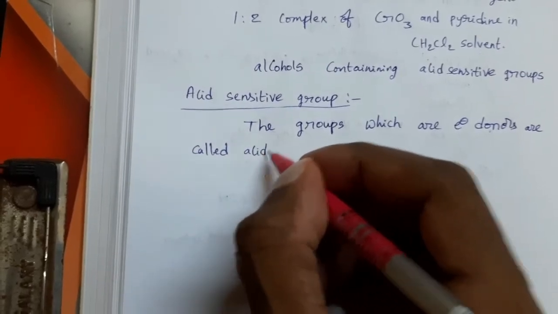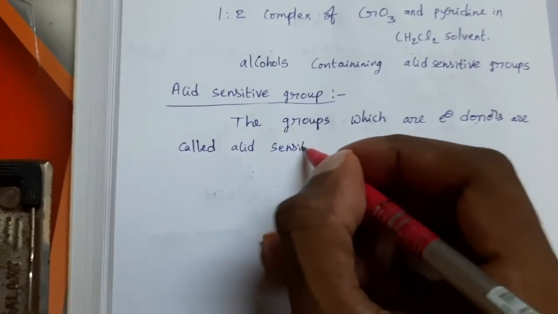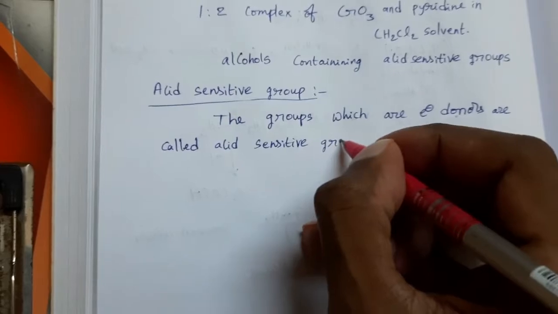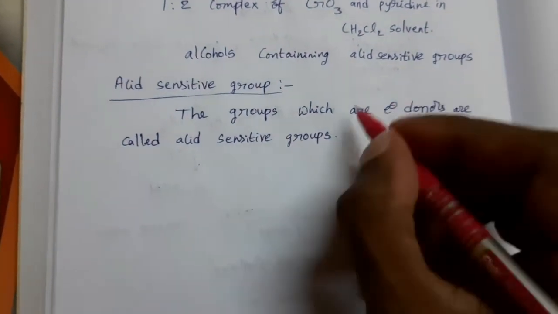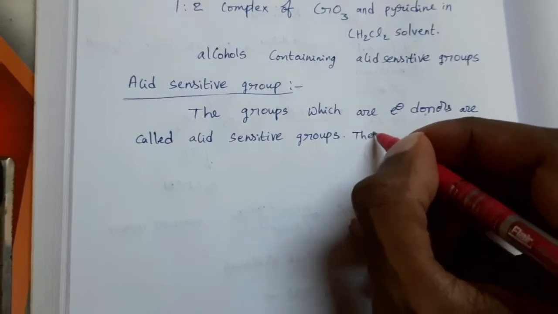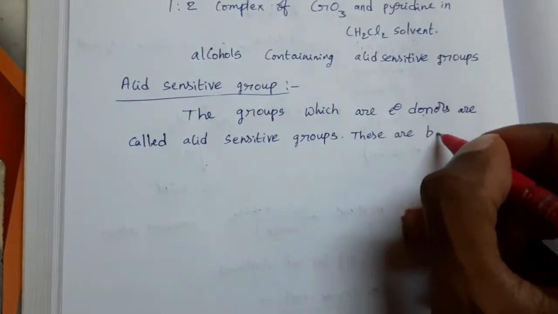The groups which can donate electrons to other substances are called acid sensitive groups. These are basic in nature.